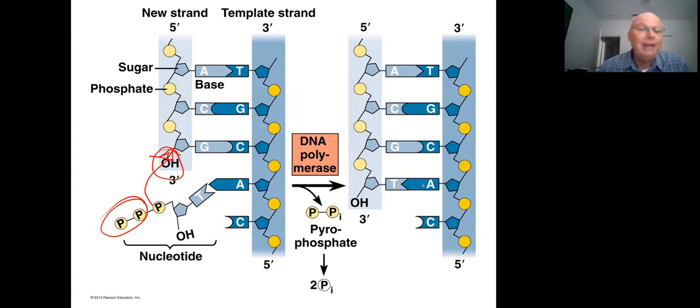And if an error has been made, it can remove the incorrect nucleotide and replace it with the correct nucleotide. But it can only add nucleotides to a 3' end of the complementary strand that it's creating. It is reading the template 3' to 5'.